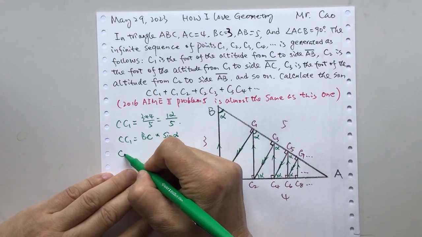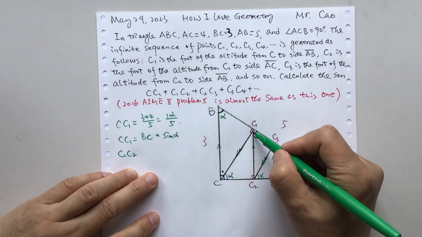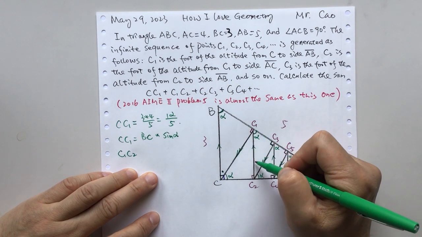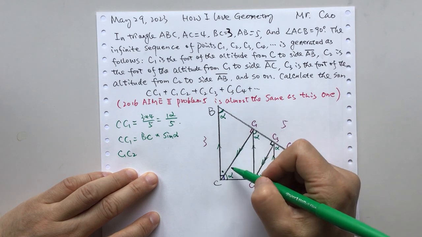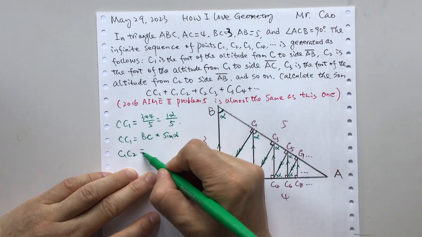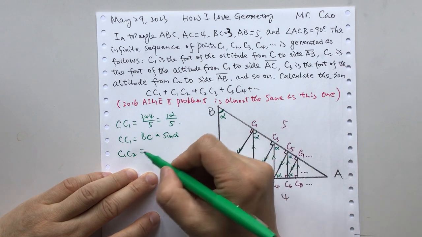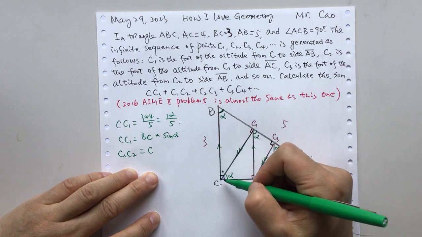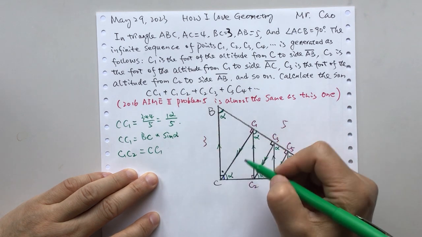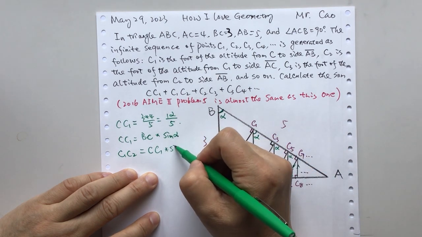Because in the triangle, C1C2, this leg, or we can say this side, equals CC1 times sine alpha.